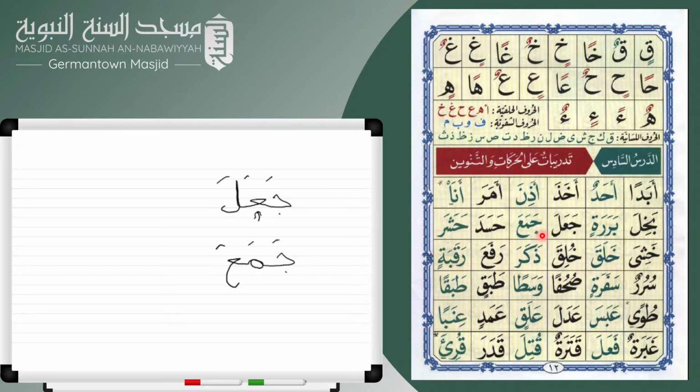Go back to that first box where it says ja'ala. You can see that all of the head is above the baseline. As opposed to meme, where it connects and some of it is below the baseline, some of it above. It's like the baseline cuts through the middle of the meme. So don't confuse them. They look close, but you should be able to spot the difference, even though the middle of both of them is shaded.